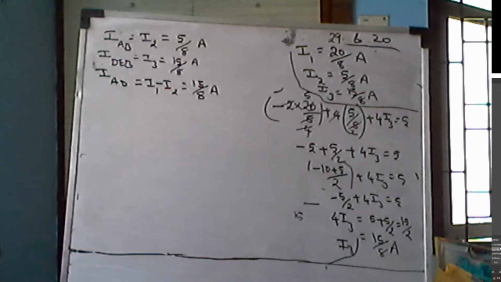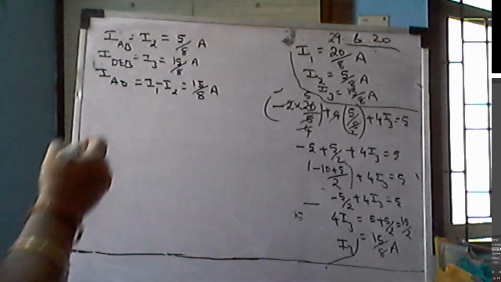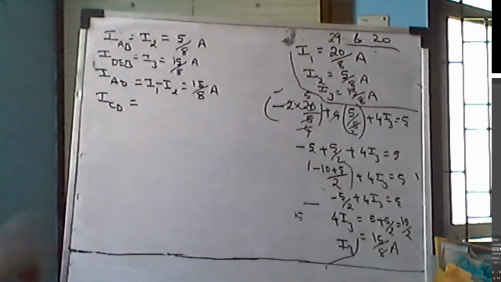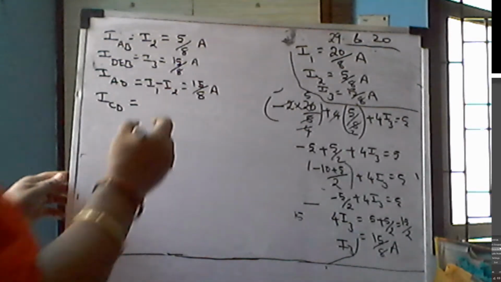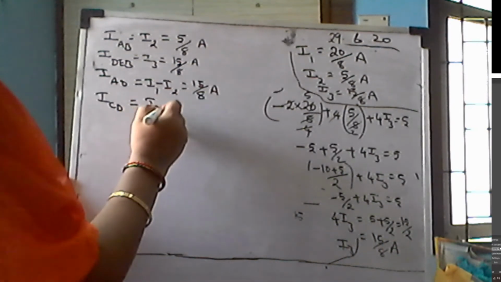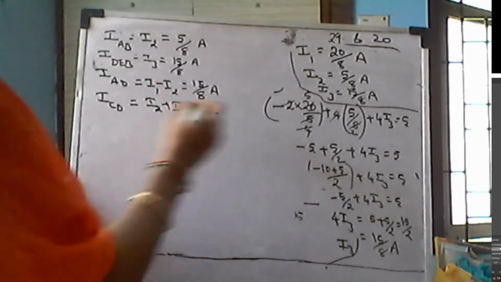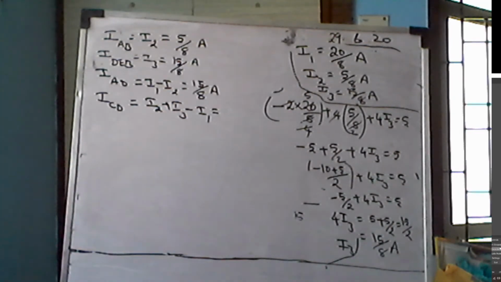Then I across CD is I2 plus I3 minus I1.